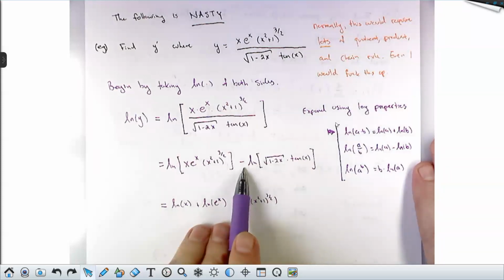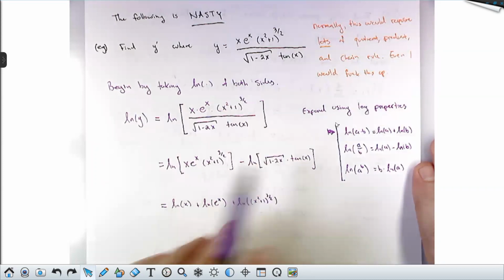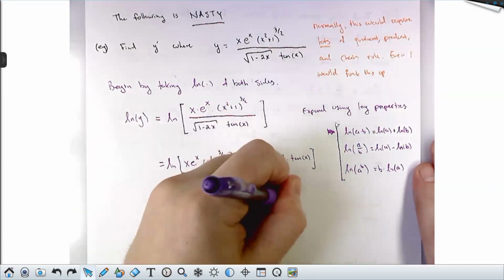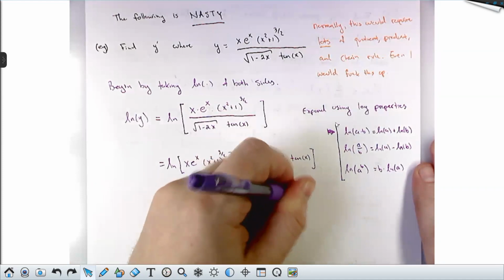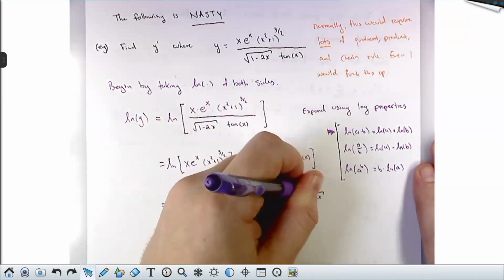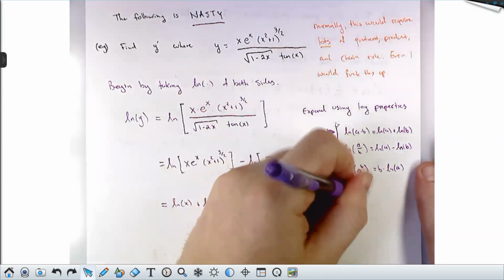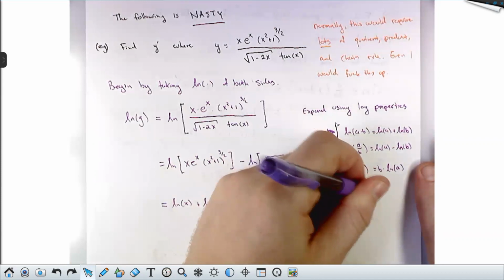Now this minus right here is going to go to both pieces that I get when I expand this guy. I have to distribute that negative. So this will be minus the ln of the square root of 1 minus 2x, minus the ln of tangent x.